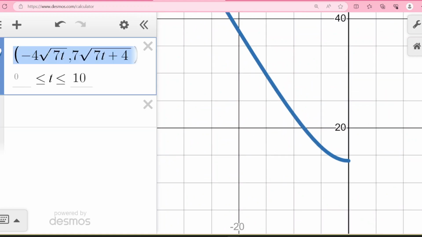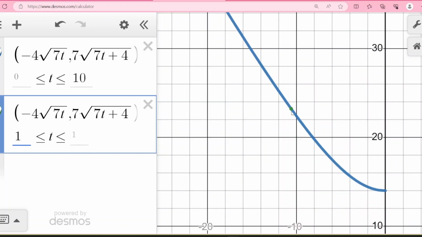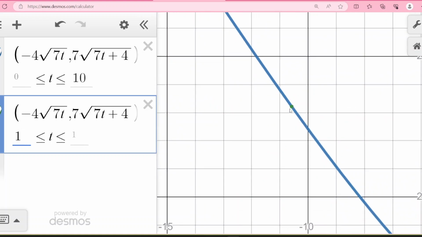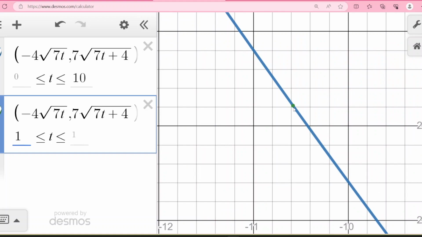Now the point we want the tangent line at is that point there, t equals 1. Right? I know you can barely see it, but this point right here, where t equals 1.